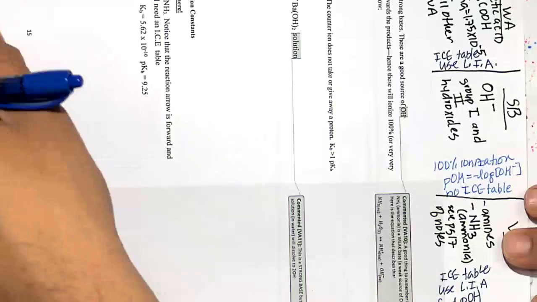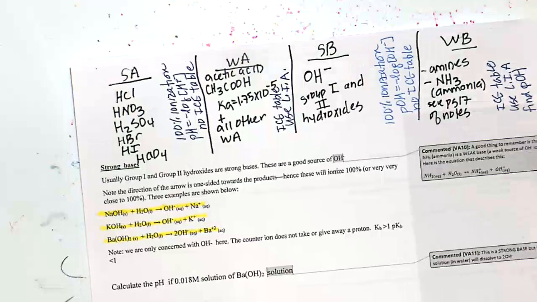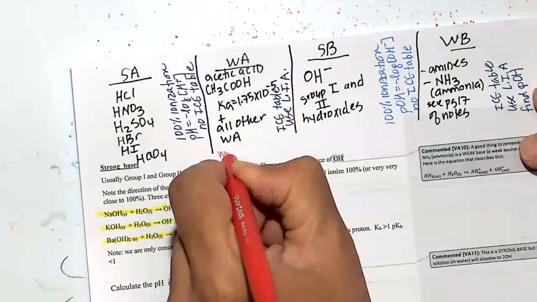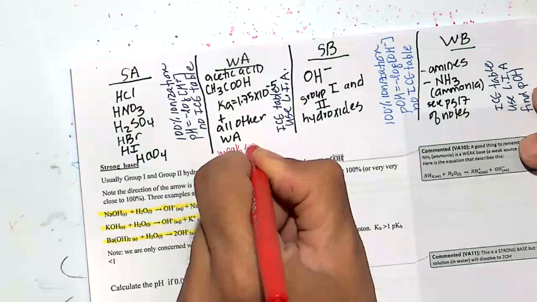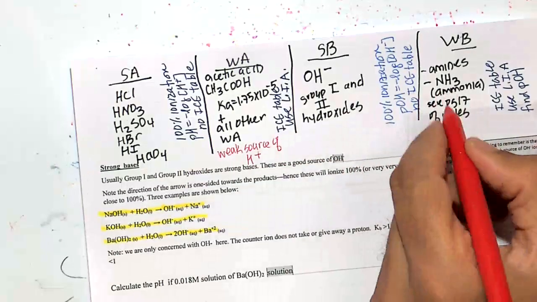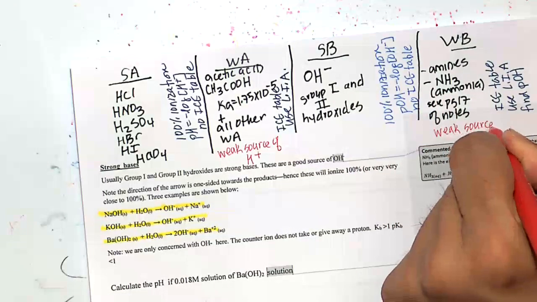We will find pOH first, because these are a weak source of OH minus. While the weak acids are a weak source of H plus, these weak bases are a weak source of OH minus.